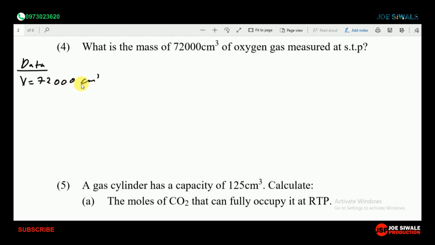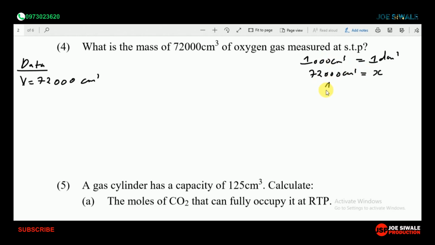Since volume has been given in cubic centimeters, we need to convert it into cubic decimeters, and we know that 1000 cubic centimeters is equal to 1 cubic decimeter. So what about 72,000 cubic centimeters? It's going to be equal to x.